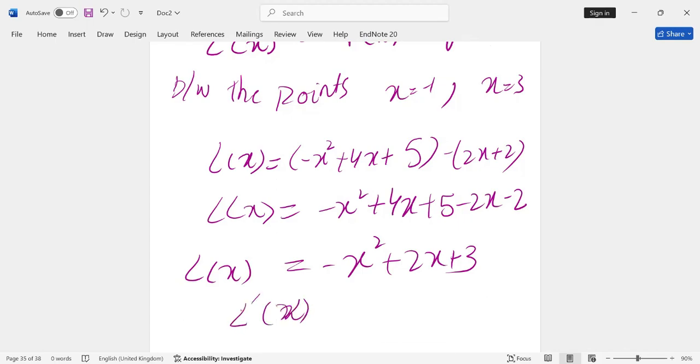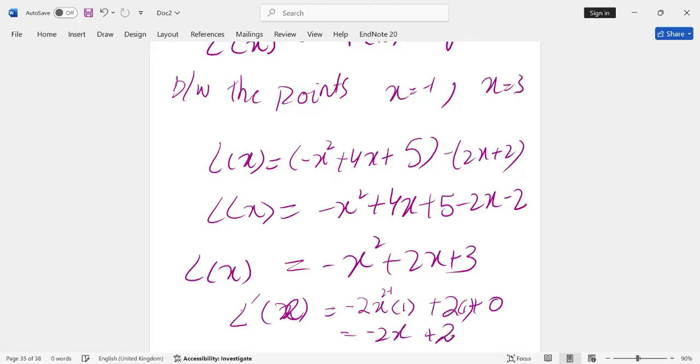So what is the derivative of minus x squared? We use the power rule: minus 2x, and the derivative of 2x is 2, and the derivative of 3 is 0. So we have minus 2x plus 2.